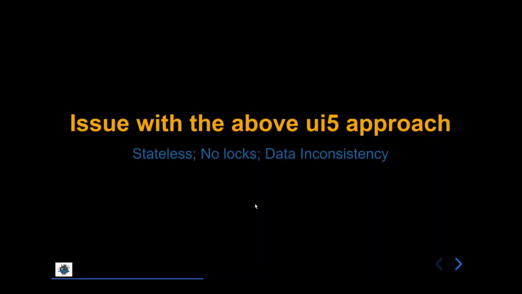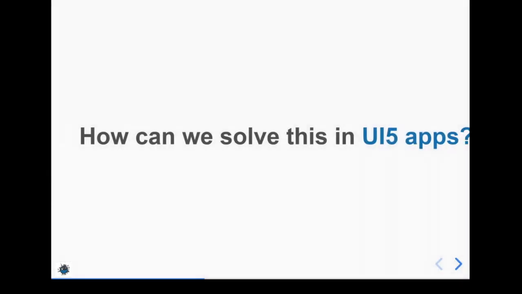And no locks: even if you open the lock, it will be closed automatically when the session is closed, once the OData request is completed. So there are no locks maintained, and there is data inconsistency. Of course, if two persons are trying to use the same application to save the data, there will be inconsistency in the data. So now how can we solve this in Fiori apps?